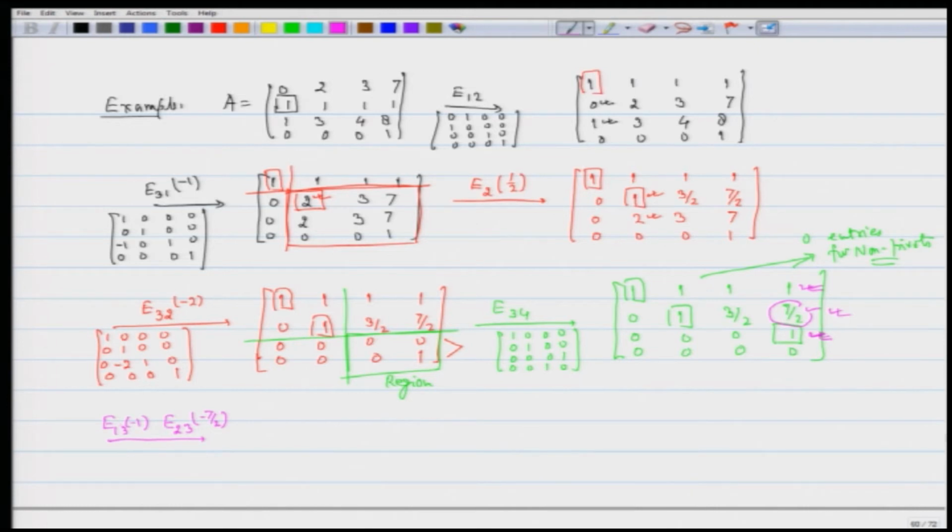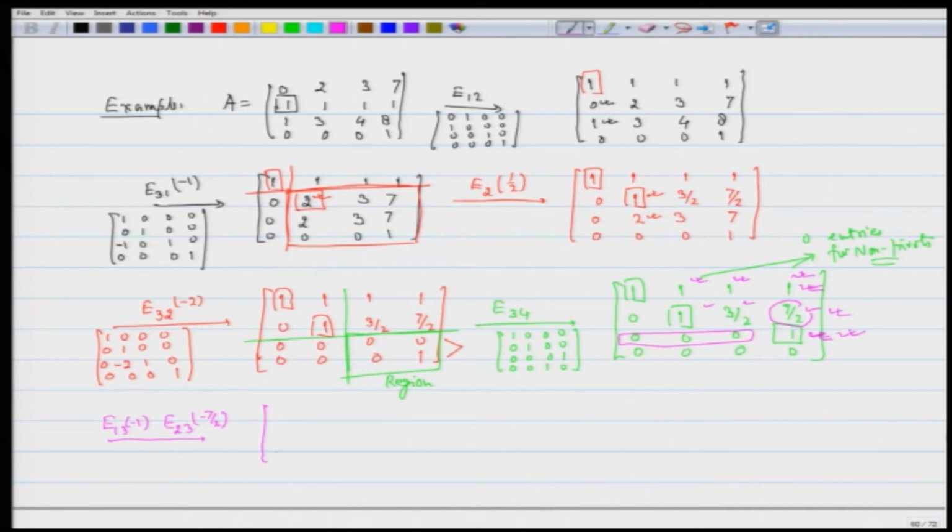I can do it together because every entry here is 0. When I multiply this by 7 by 2 and subtract, nothing happens to the other two entries. Similarly, when I multiply this by 1 and subtract, this will become 0, but these two entries will remain as they are. So, I can do things in one go here itself.